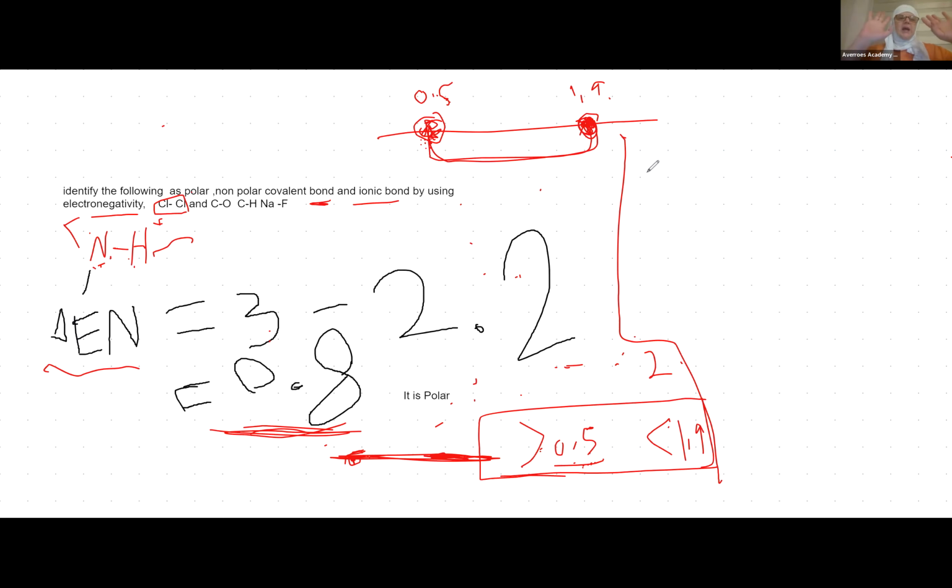Just I want to explain something for you. Which one is more electronegative than the other? Which one attracts the other to its side? Here nitrogen is the one who attracts the other.